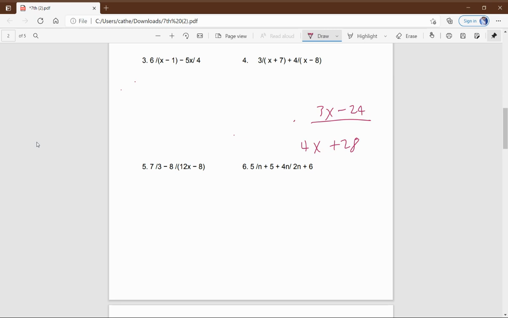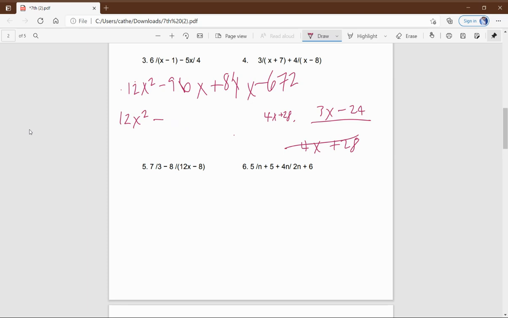Then we multiply this. 12x squared minus 96x plus 84x minus 672. So 12x squared minus 96x.